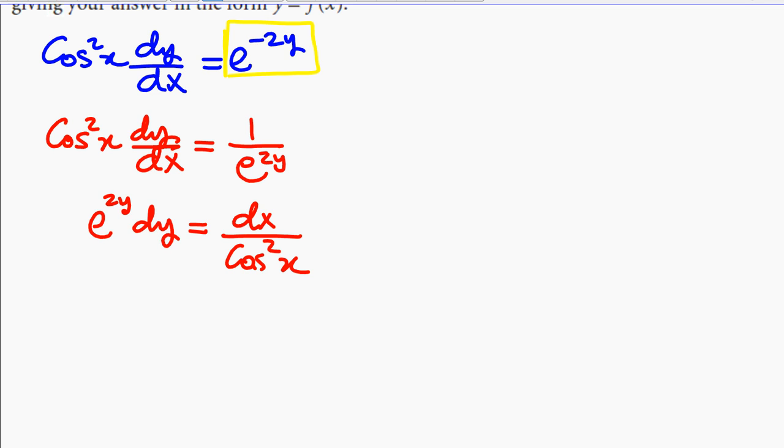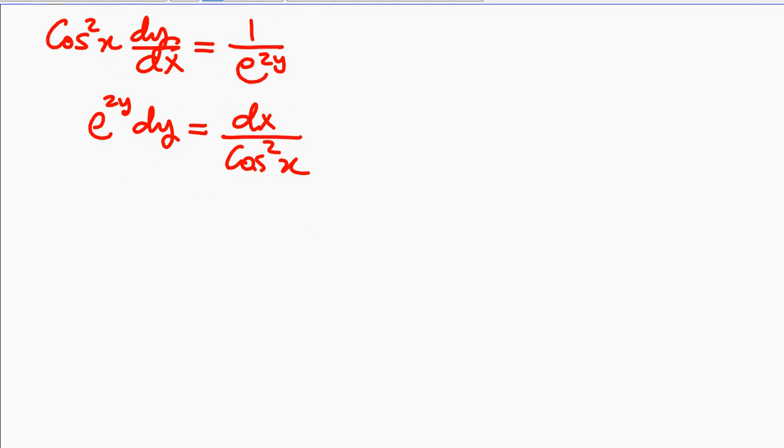So basically I've rearranged it to end up with that. And this can be written as e to the power 2y dy is equal to, now 1 over cos x squared is the same as secant of x squared.